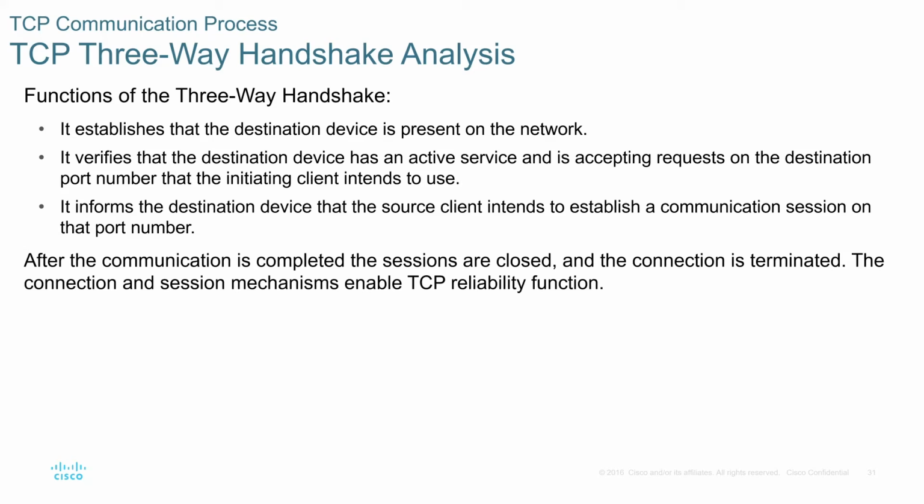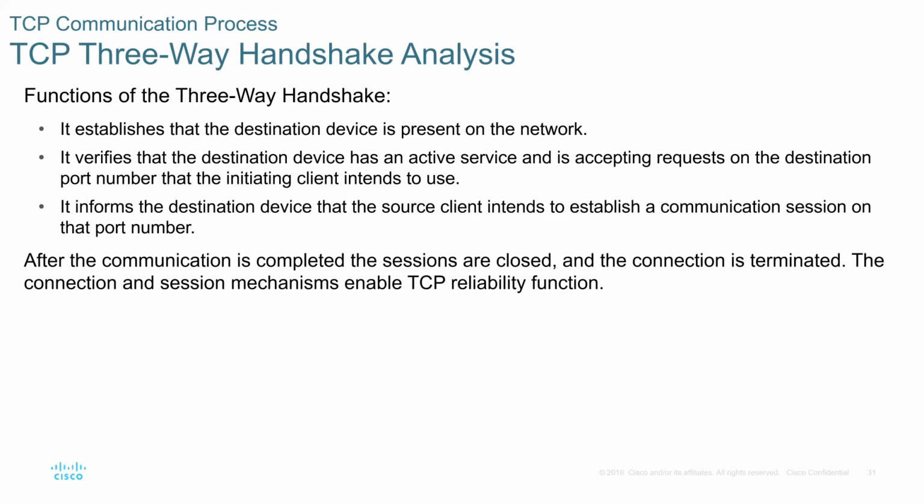The function of the three-way handshake is multifold. It establishes that the destination device is present on the network first. You may recall that IP is a connectionless protocol. TCP is used to guarantee the connecting device is there and willing to establish communication. It verifies that the destination device has an active service and is accepting requests on the destination port number that the initiating client intends to use.